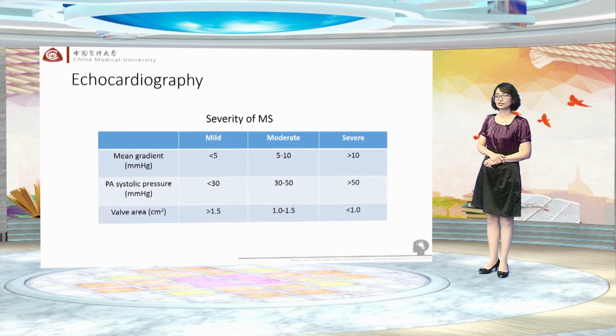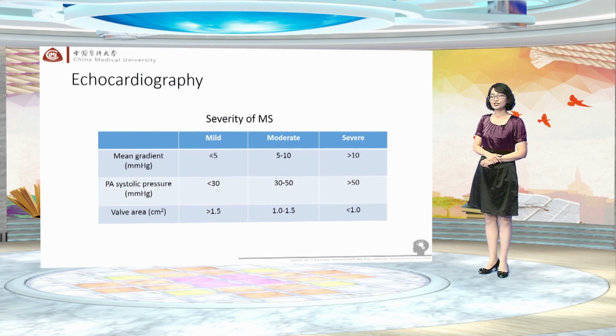Here is a diagram to show you how to separate the severity of the MS. We can use the mean gradient, pulmonary artery systolic pressure, and the valve area to separate different grades.